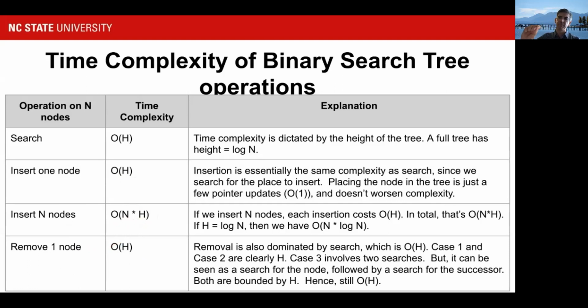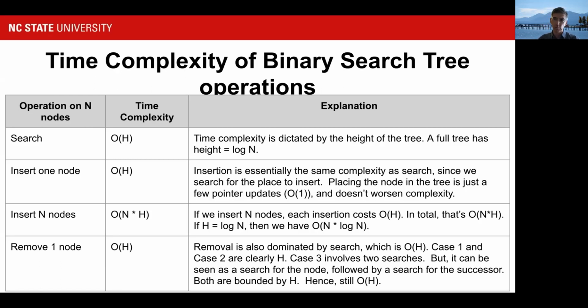Then if it's case 1 or case 2, we do a few operations and it's gone. If it's case 3, we have to do another search to find the successor, which could be big O of H. But that's just 2 searches in sequence. We do one big O of H, then another big O of H. That would just be 2H, which is still big O of H. Even in case 3, we maintain our big O of H complexity.